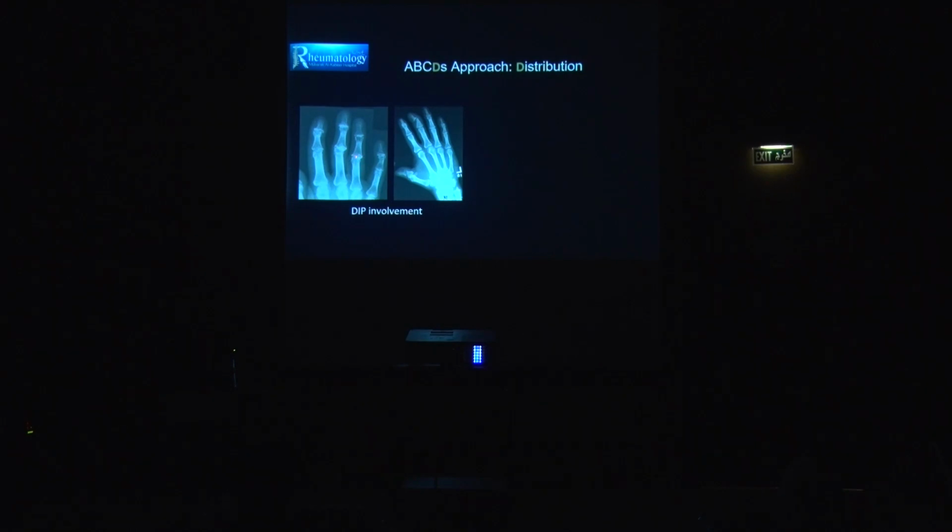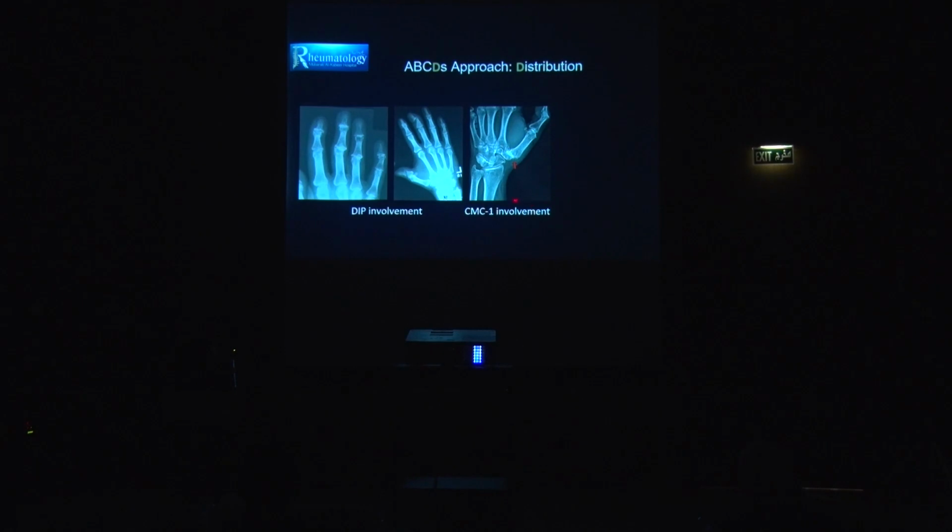You can see here the seagull, subchondral sclerosis, and the osteophytes. So this is osteoarthritis, primary osteoarthritis. DIP involvement is very common in osteoarthritis and psoriatic arthritis. It never happens in rheumatoid. Rheumatoid actually spares the DIP; it hates the DIP joints. So if you see a problem in the DIP joint, it's not rheumatoid.